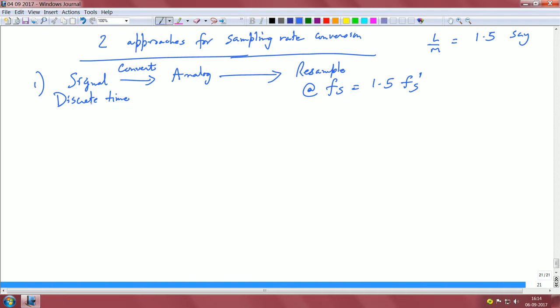So here you have a digital to analog converter and then you need a sampler. It is costly because you need to have hardware for these operations.